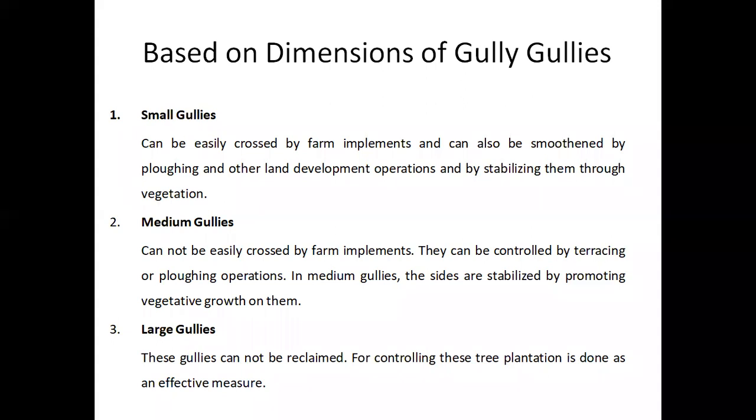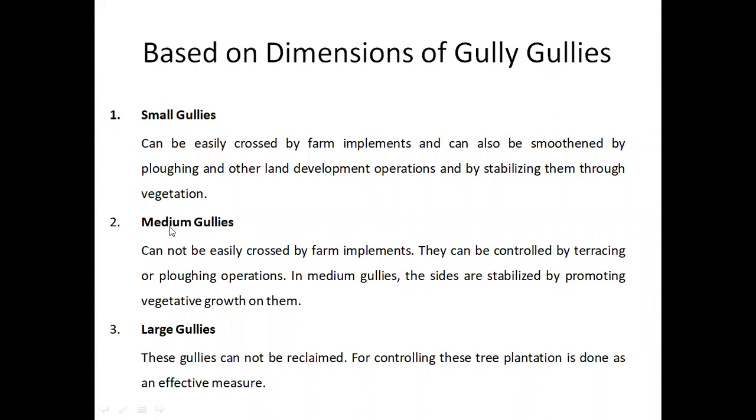Such gullies, which can be crossed by farm implements or reclaimed by some plowing or land development operations, are called small size gullies.